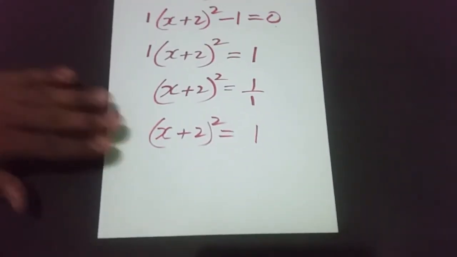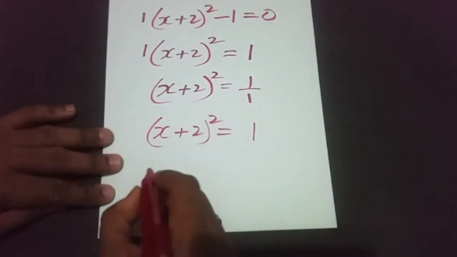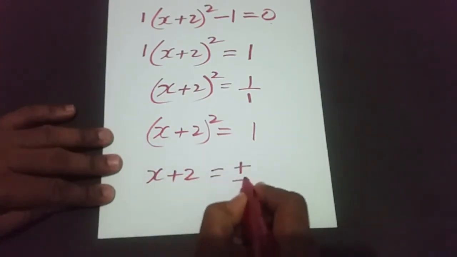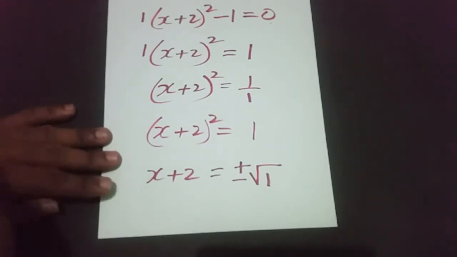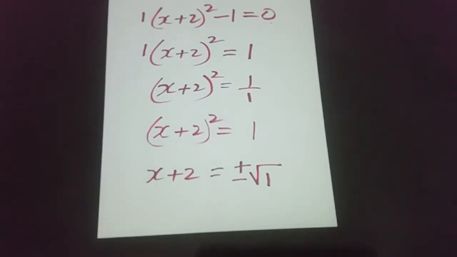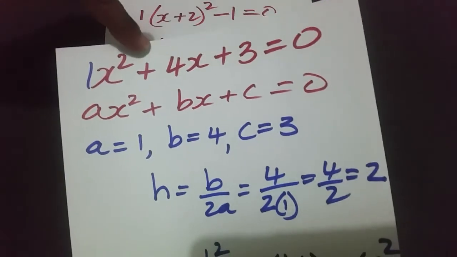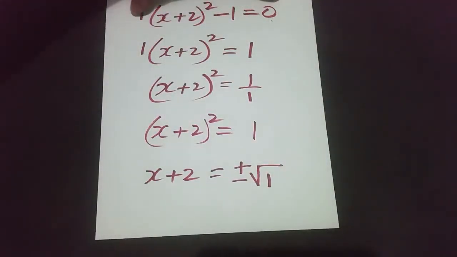So from this step here, what we should actually do now is to square root this side. So we'd have x plus 2 equal plus or minus the square root of 1. And remember what we said, when we're solving a quadratic equation, we should end up with two answers. And all we did was to write this quadratic equation in this form.